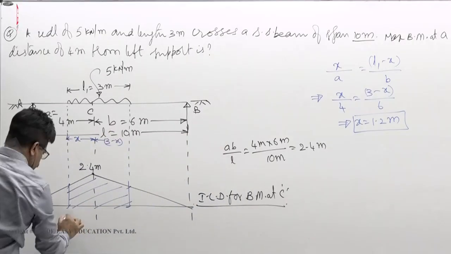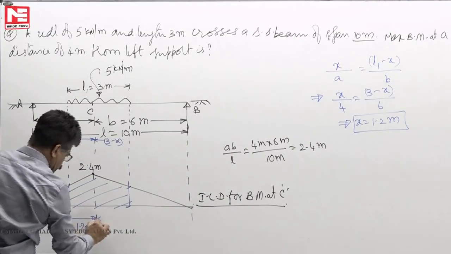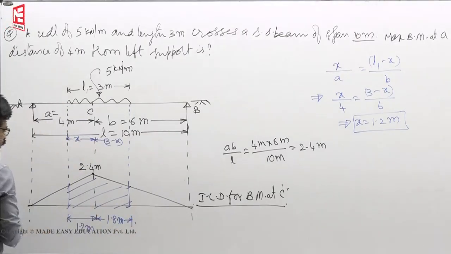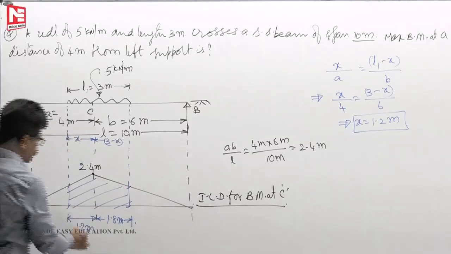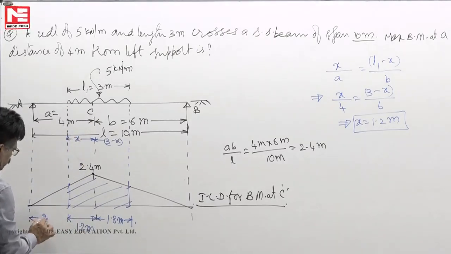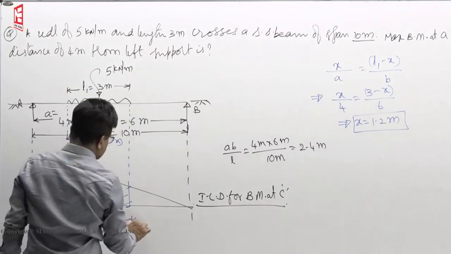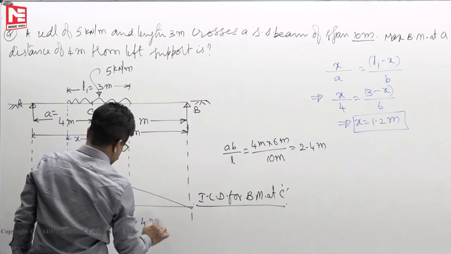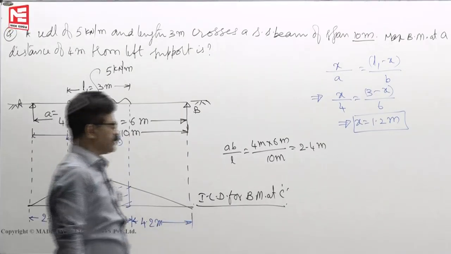Now, you see this distance must be 1.2 meters. This is 1.8 meters. Having found this, 1.2 meters means this value now will become 2.8 meters, because total is 4 meters. This becomes, out of 6, 4.2 meters.